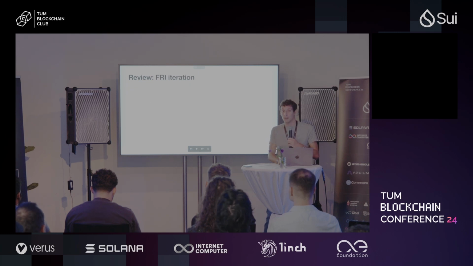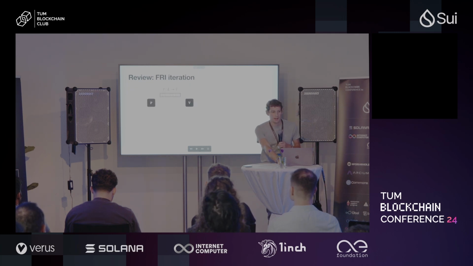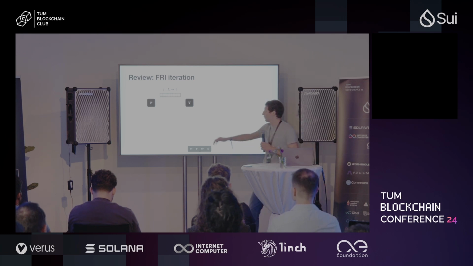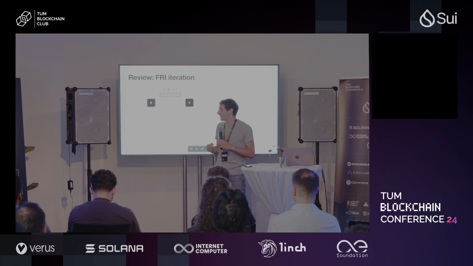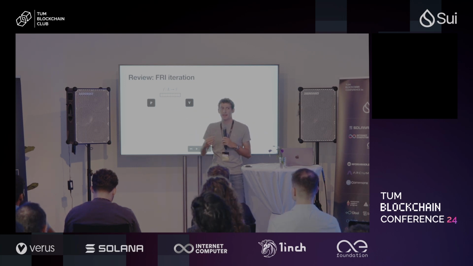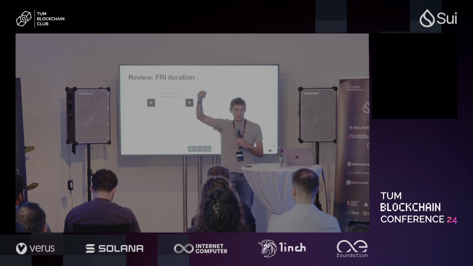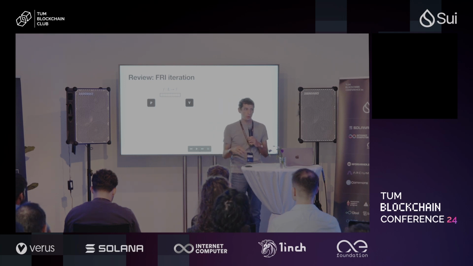With this, let's talk about what FRI is. FRI is basically just applying this and doing some consistency checks. Ideally, I could keep folding until the end and just check that. The issue is that if I do that naively, the number of queries grows exponentially. So I need some way to break this recursion.